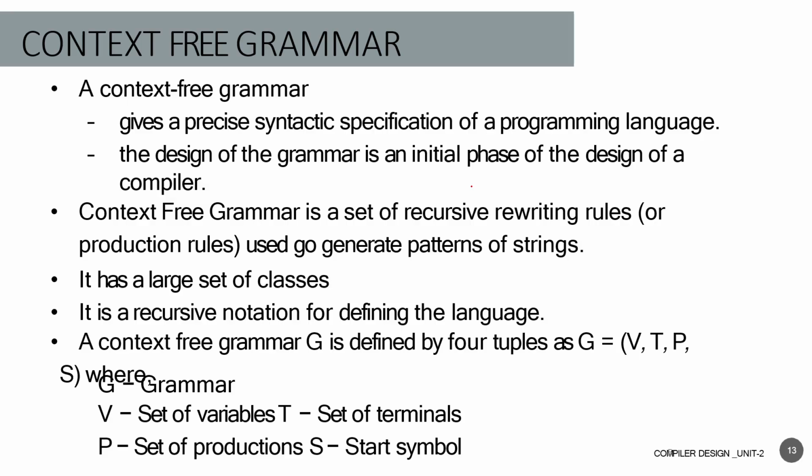It has 4 tuples actually. What are the 4 tuples? G means grammar: capital V, set of variables; capital T, set of terminals; capital P, set of productions; and capital S, that is the start symbol.